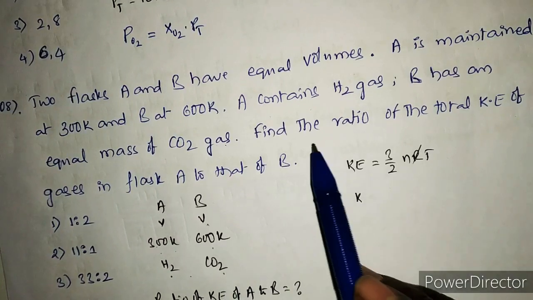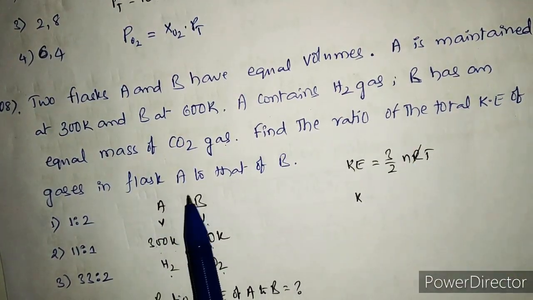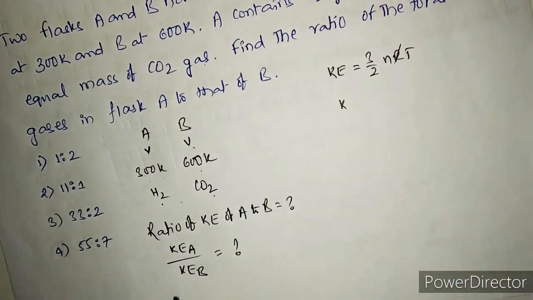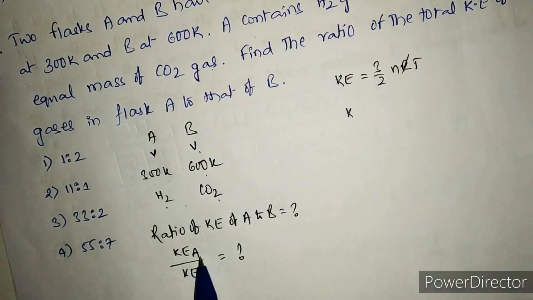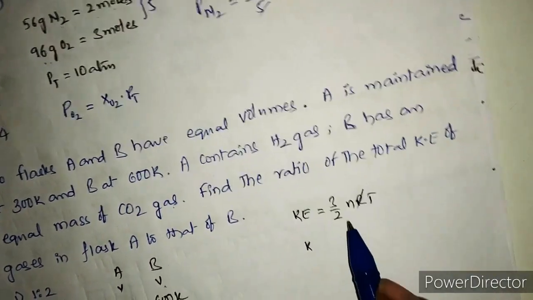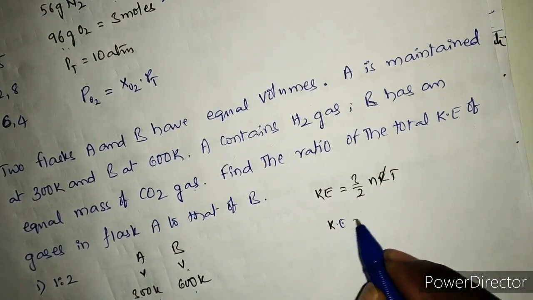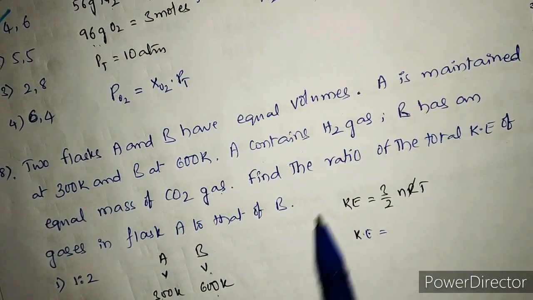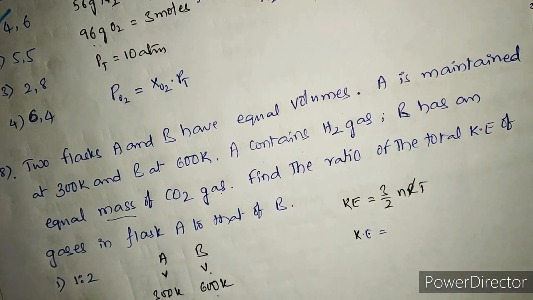What is the question? Find the ratio of total kinetic energy of the gases in flask A to that of B. So what you have to find is the kinetic energy ratio, KE of A gas by KE of B gas. The kinetic energy formula is 3 by 2 nRT. They were talking about masses, here equal mass, and some temperatures they have given.